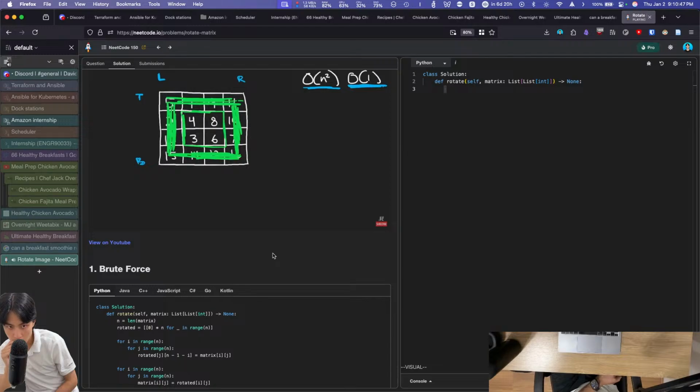Well, it can actually just be treated as a subproblem because we know no matter what, it's going to be a square matrix. So all we really have to do is take our pointers and then shift all of them by 1. So our left pointer will be shifted here, our right pointer will be shifted here, our top pointer will be shifted here, and our bottom pointer will be shifted here. And so now the last rotation seems pretty obvious, right?